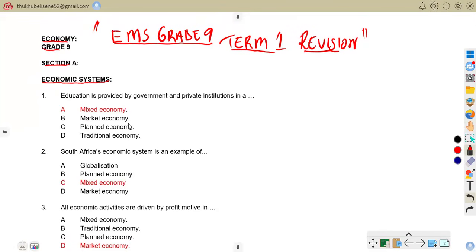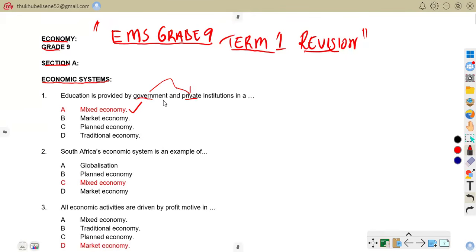It says education is provided by government and private institution in a mixed market economy, planned economy, traditional economy. So the answer is A, mixed economy. Education is provided by government and private institution, so you are talking about a combination of two, government and private institution.